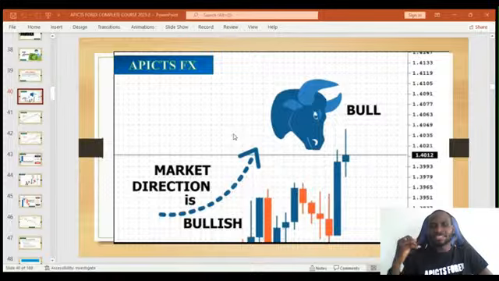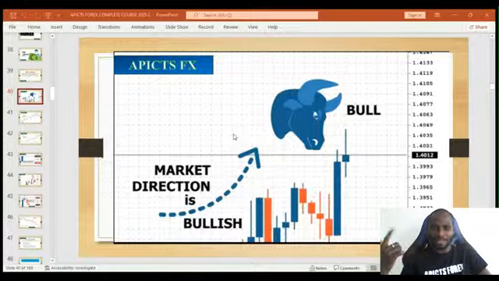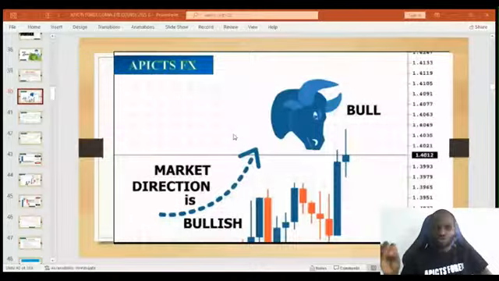Now, if that is your speculation, you go long on that market, you buy the market, you go bullish on that market. I believe we get that.